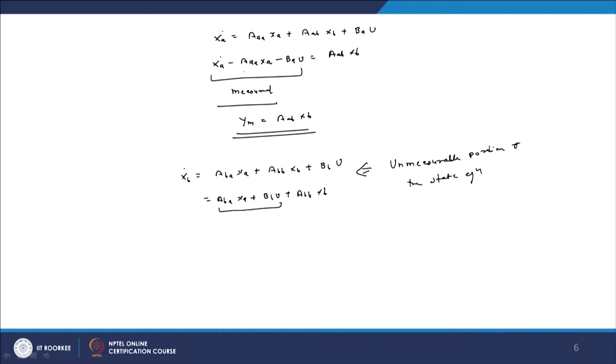This is the known part, this is the known quantity.